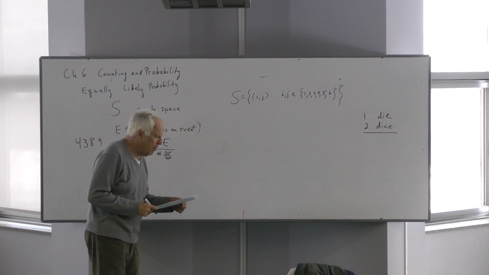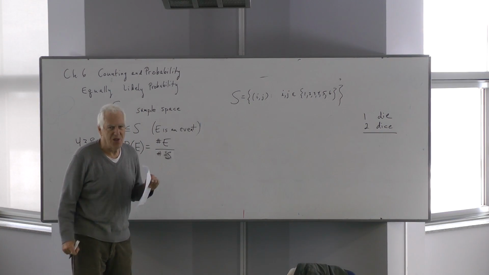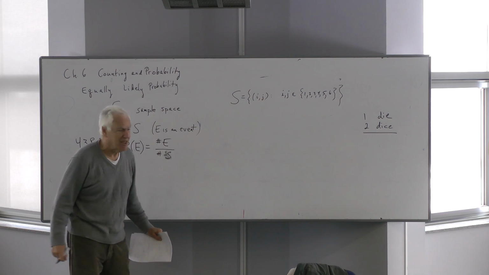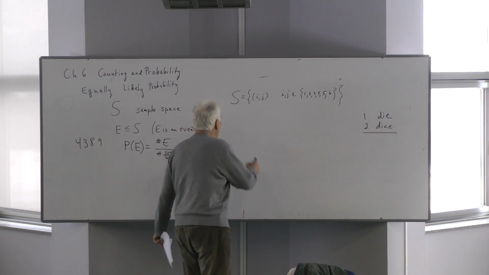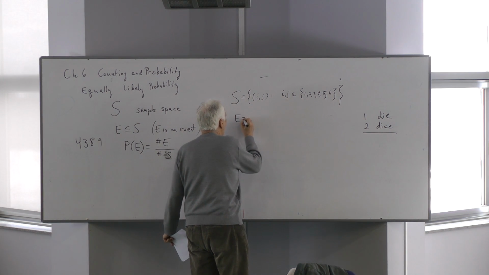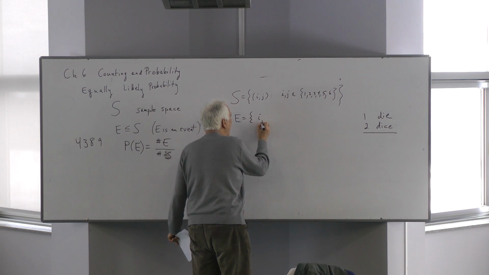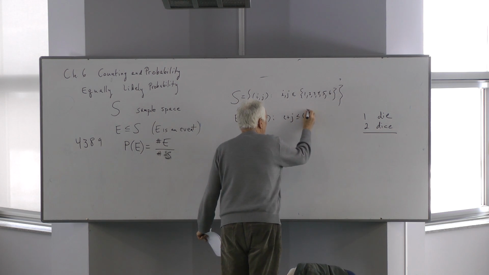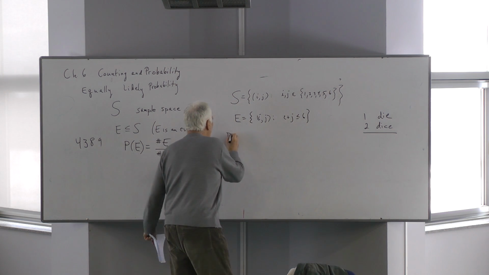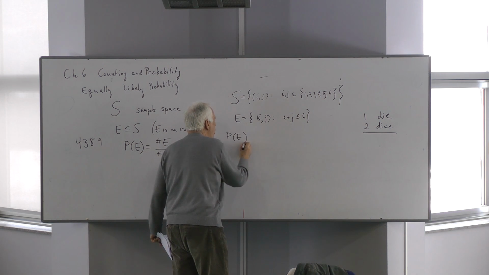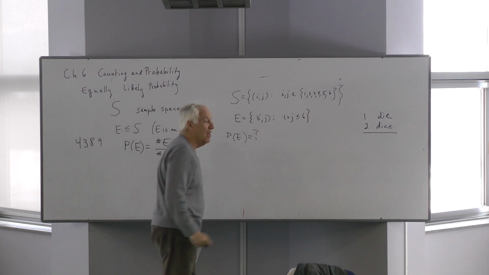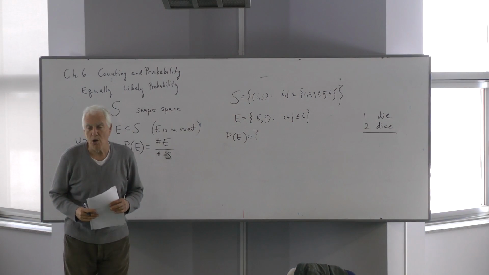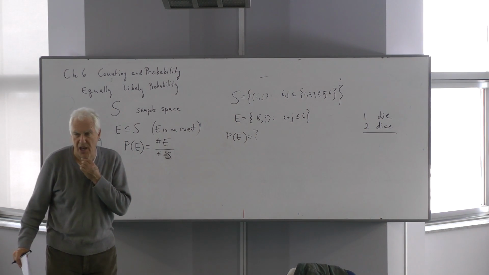And so the problem is, what's the probability that the sum of I and J, when you throw them, is less than or equal to 6? So the event we're looking at is the set of IJs such that I plus J is less than or equal to 6. And the question is, how do you get the probability? Well, how can you get less than or equal to 6?